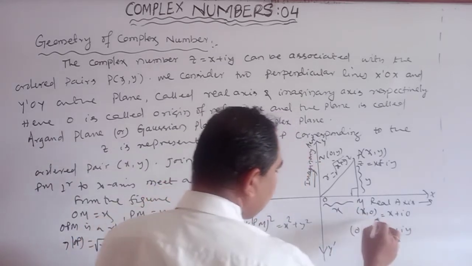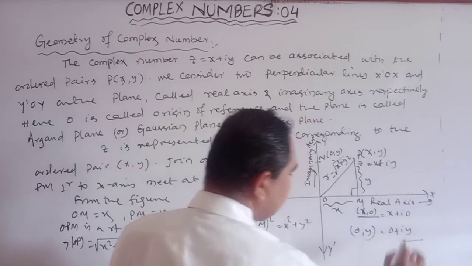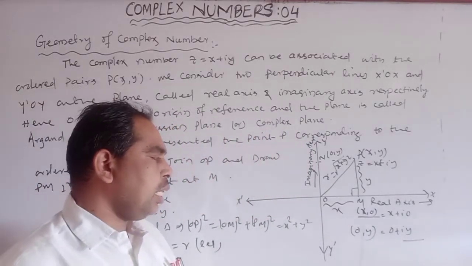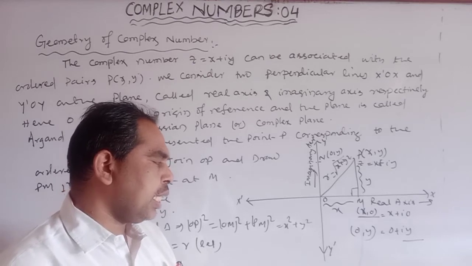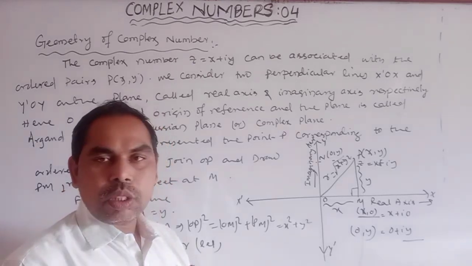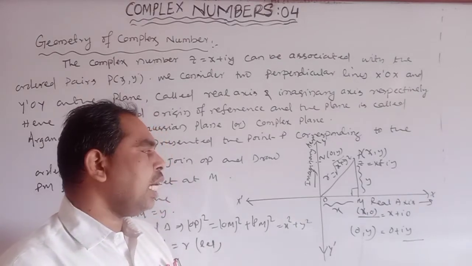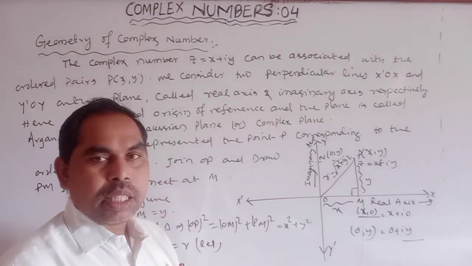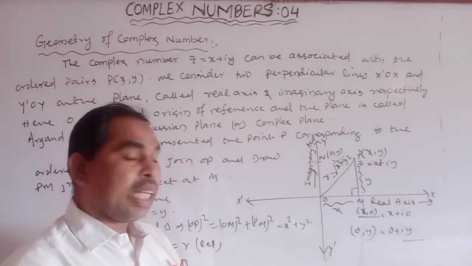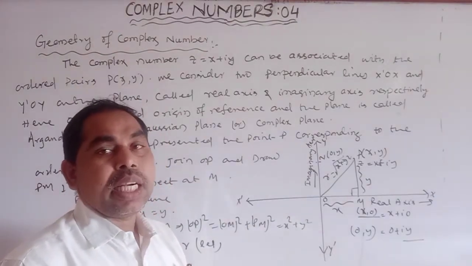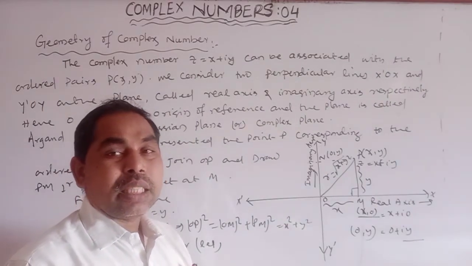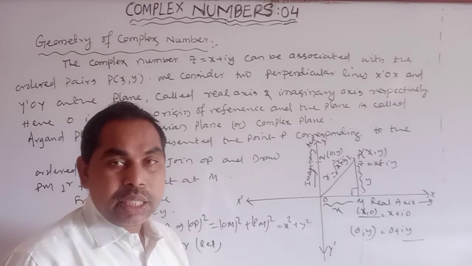So this is purely real, this is purely imaginary. So when z lies in positive x axis, it is x plus i into 0. When z lies in positive y axis, x coordinate is 0, that is 0 plus i into y.